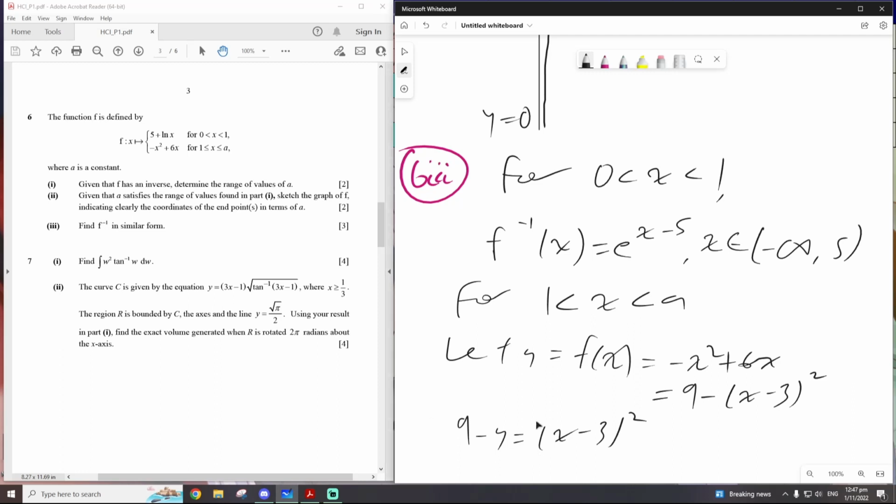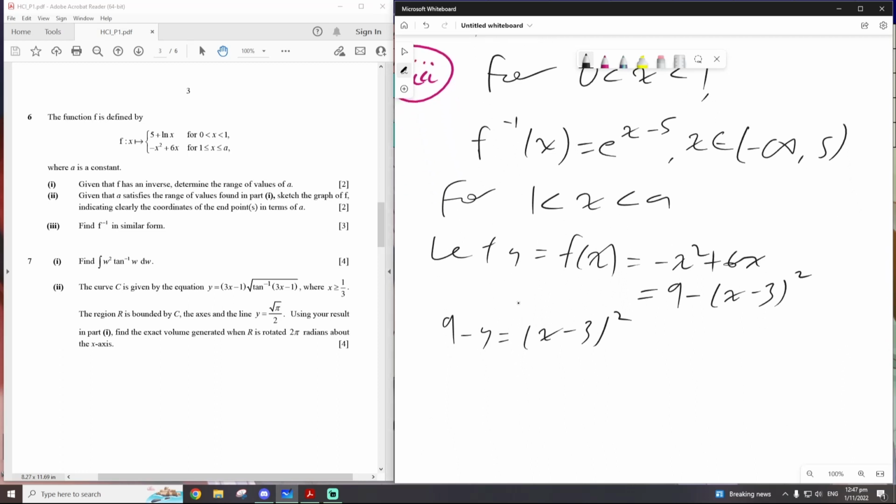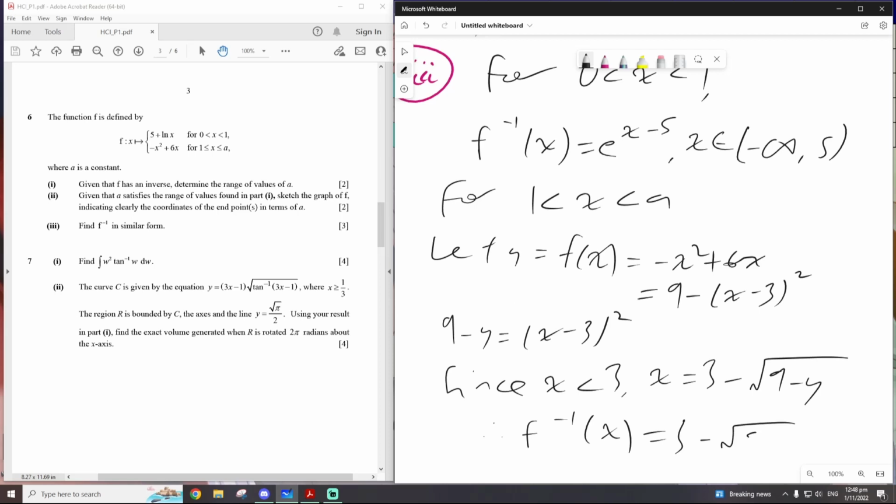Then you can make the choice. So x is less than 3. So since x less than 3, we have x equals 3 minus square root of 9 minus y. Therefore, f inverse of x is 3 minus square root 9 minus x.